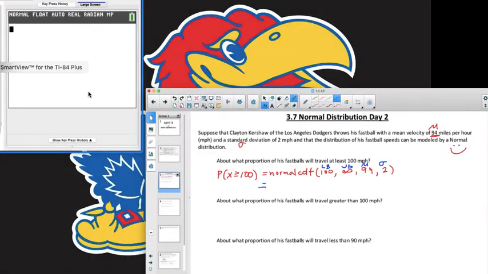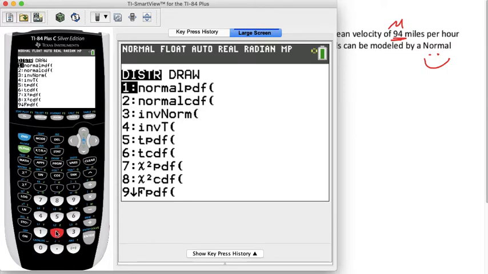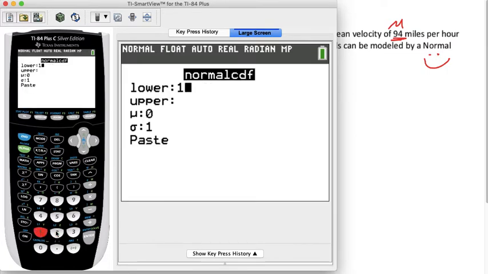Then we can go to our calculator. This is under our distribution menu, option 2. We're going to go 100 to infinity, so I'm going to use 1E99. This isn't a standard normal. It's centered at 94 with a standard deviation of 2.